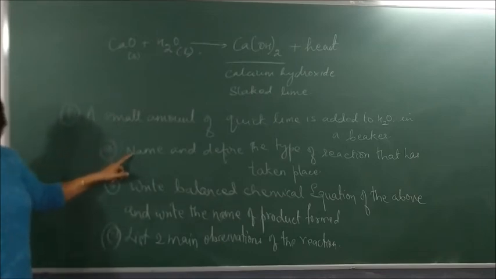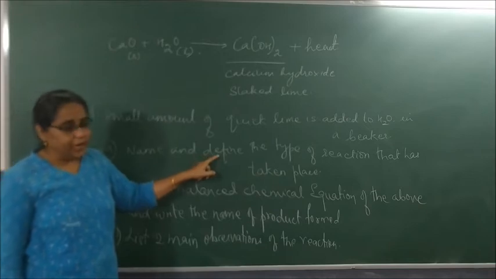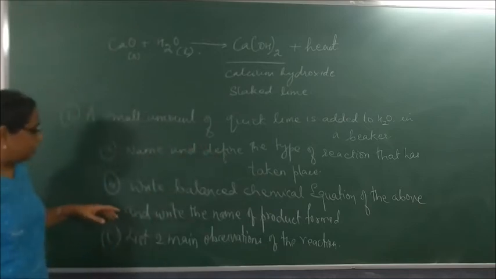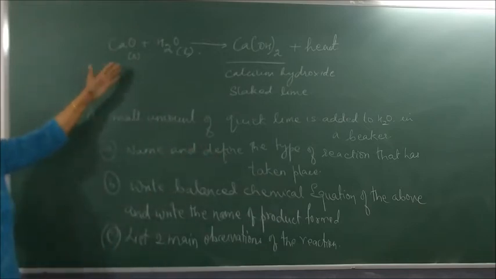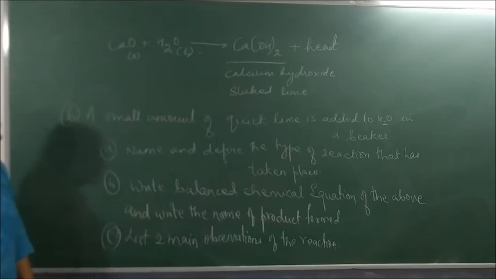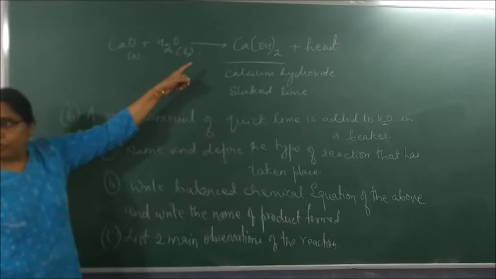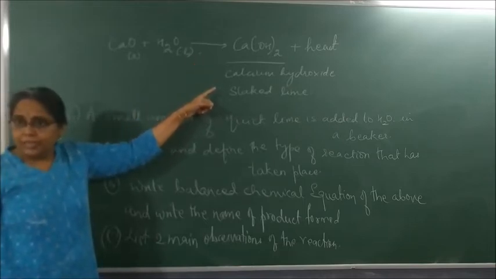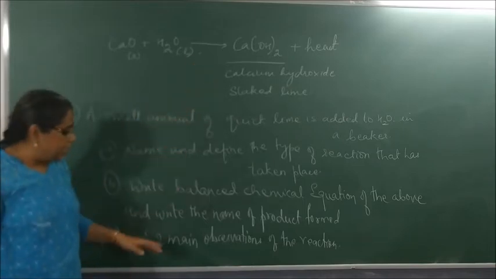We named it combination reaction and defined it. Then write the balanced chemical equation, and write the name of the product formed as calcium hydroxide or slaked lime.